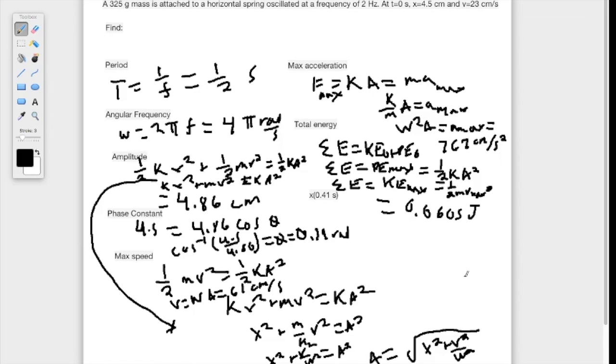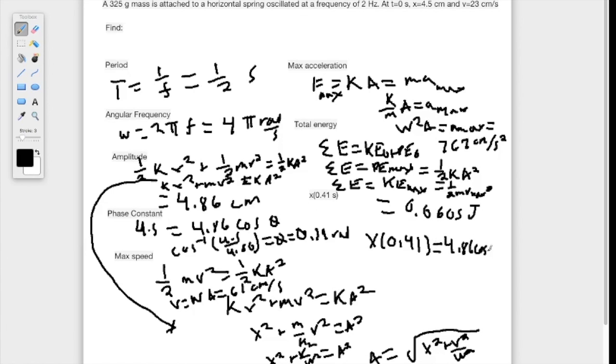And then last but not least, we have x at 0.41 seconds. We just use this equation.